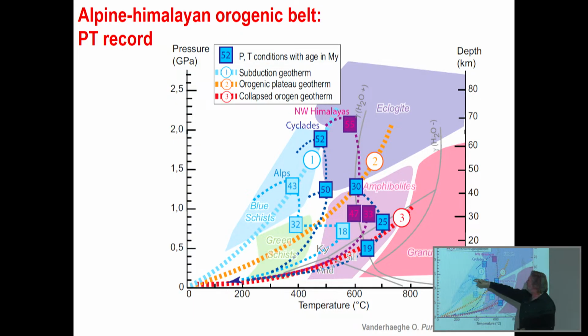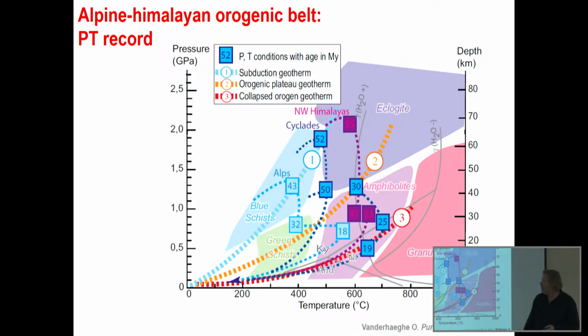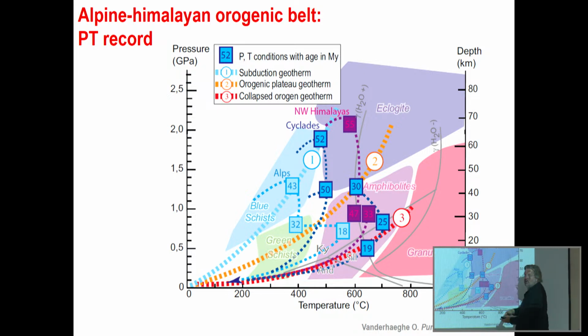And for the Cyclades, some rocks show high pressure and then isothermal decompression, and some rocks follow the same path as for the Himalayas, increase in temperature and exhumation. Except that the Himalayas are still thick and the Aegean is thin.